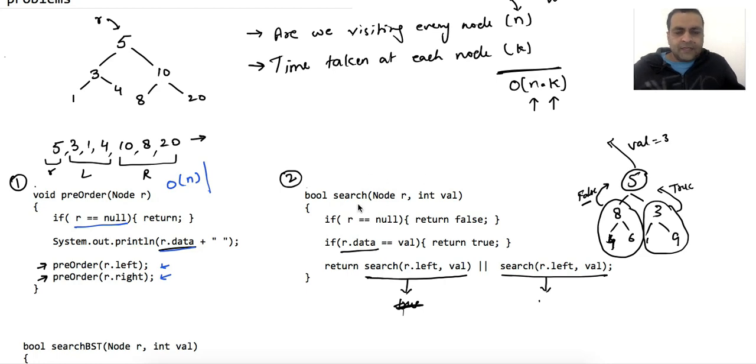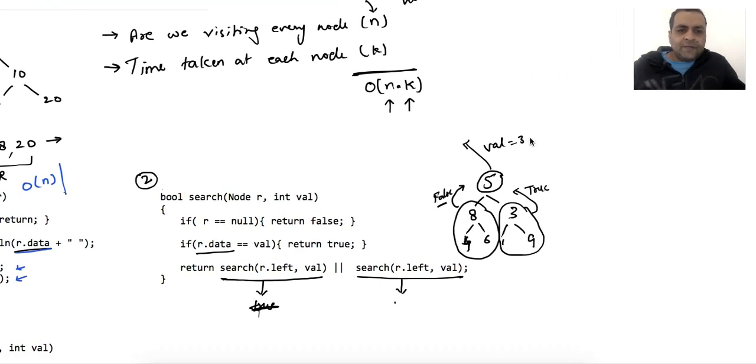Here, let's consider both the cases. Let's consider the best case and the worst case. In the best case, let's say we are looking for 5. Then 5 is found at the root itself, and we don't need to go deeper into either the left subtree or the right subtree. So we will just return true from the first iteration of the function, and no more iteration of the function will be called.